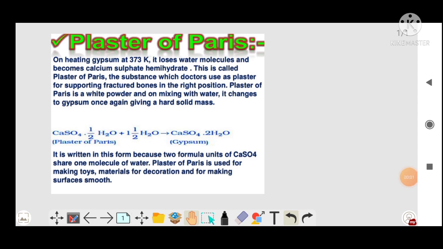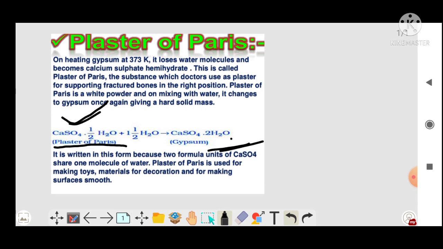Now come to plaster of Paris. So it is gypsum, CaSO4 2H2O. On heating gypsum at 373 Kelvin, it loses water molecules and becomes calcium sulfate hemihydrate, that means CaSO4 half H2O. This is calcium sulfate hemihydrate, and this is called plaster of Paris.